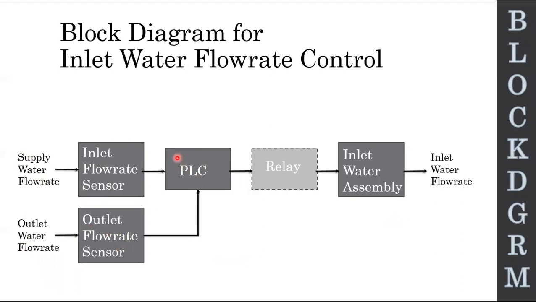Okay, parang differential amplifier, parang ganun. To compare two signals. At kung ano man yung comparison, either positive error or negative error, okay, it will trigger the relay. Okay, once the relay is triggered, then the inlet water assembly will be activated.